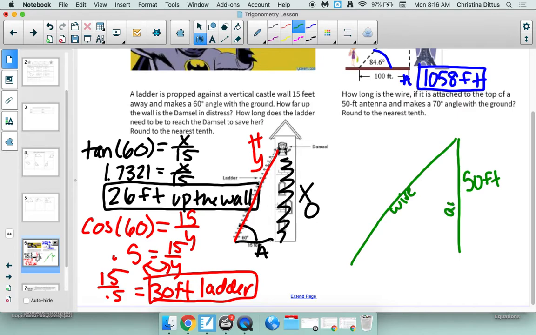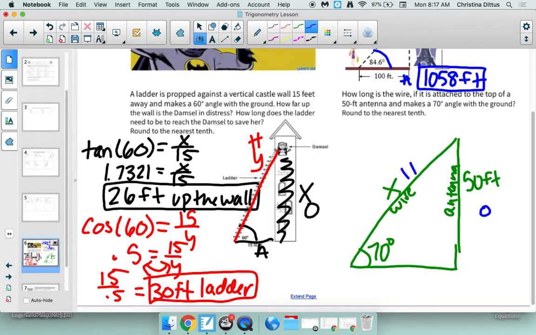This angle is 70 degrees. I need to know how long the wire is. So that's my x. From my angle's point of view, how does 50 relate? How does my wire relate?